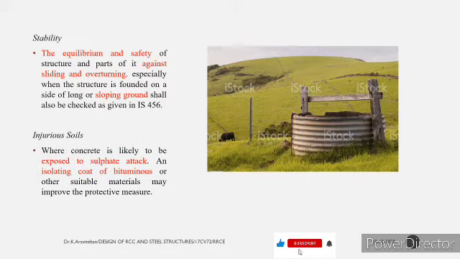And for injurious soils, if the soil around the water tank is exposed to sulfur attack, a coating of bituminous material is required in order to protect it from the external aggressive environment. So the water inside the tank should not be affected by the adverse chemicals surrounding the water tank.